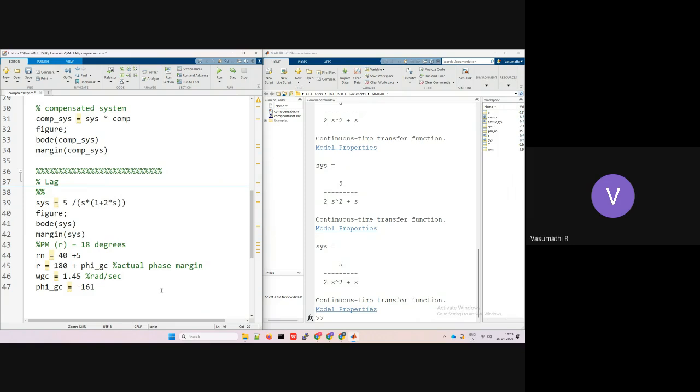I'm showing both ways. Now you found your gain crossover frequency, the phase angle at gain crossover frequency, and the phase margin of the actual system. Now you're ready with everything, right? Then your gamma n, that is the desired plus epsilon, is 45. You have to design to achieve a phase margin of 45 degrees from 18 degrees. That's what we have left right now.